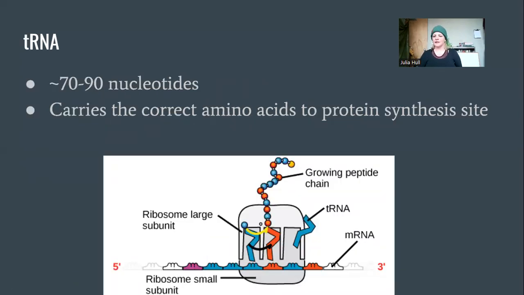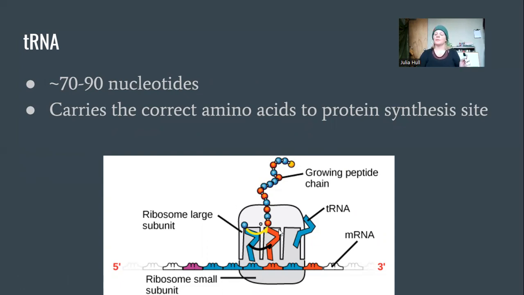Okay, tRNA, again, these are little short guys. They're usually only like 70 to 90 bases long, so they're fairly short. And again, their job is to go and fetch the correct amino acids to link into that growing polypeptide chain.